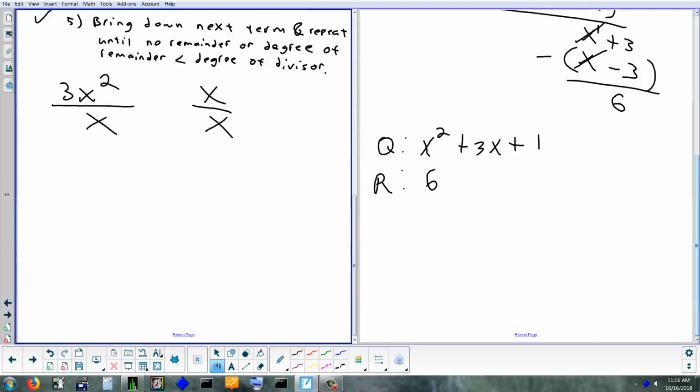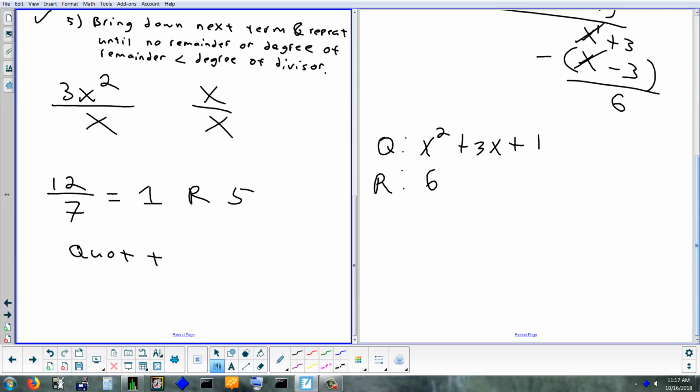Let's look at 12 divided by 7. How many times does 7 go into 12? Once, with a remainder of 5. So that's kind of like what we just did. Quotient, remainder. Or you can write your answer this way.